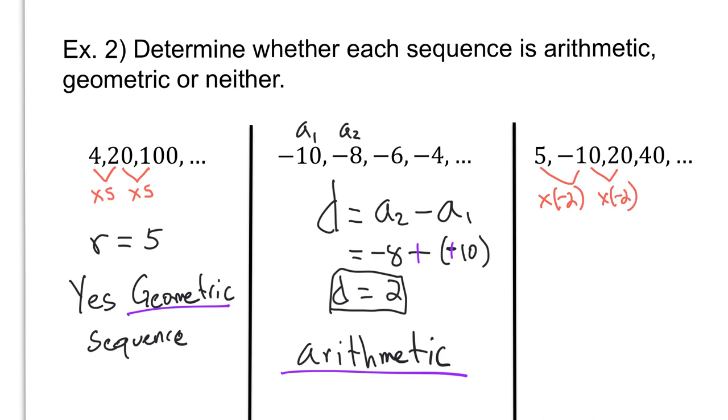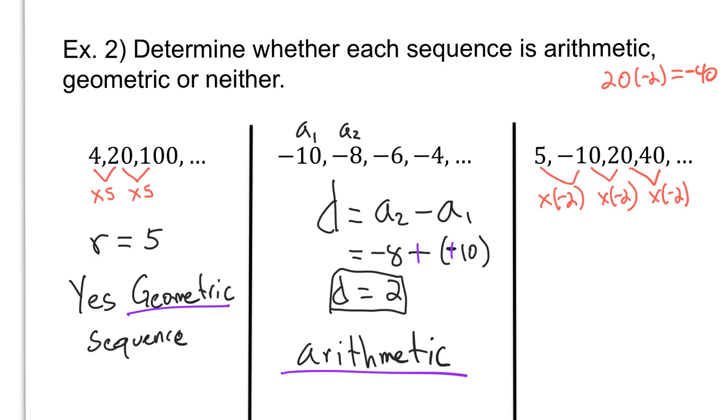Yeah, that's +20. Let's try this one. +20 times -2. That's actually -40. So we don't get 40. So it seems like you are multiplying by -2, but the last number doesn't work. So that means it's not geometric.